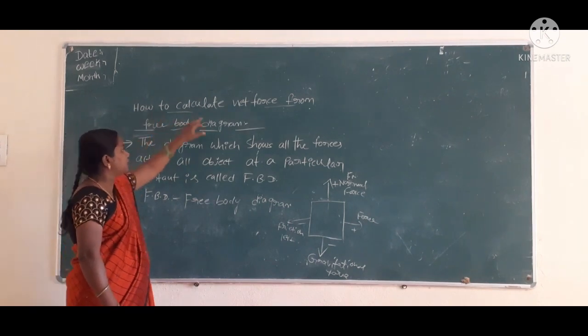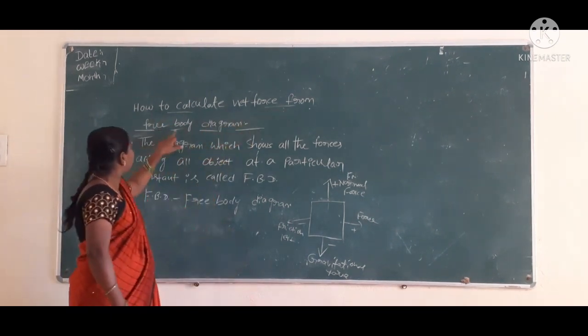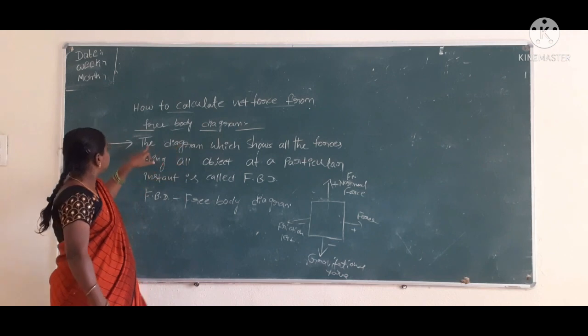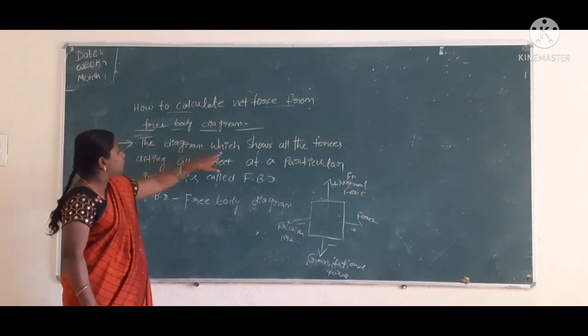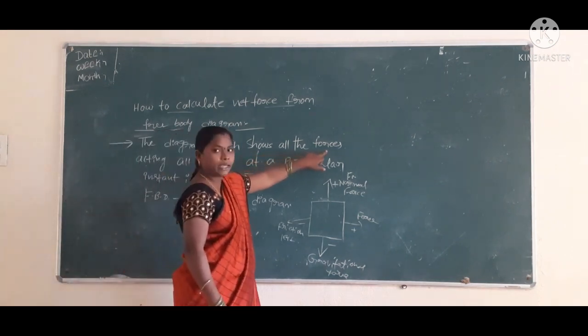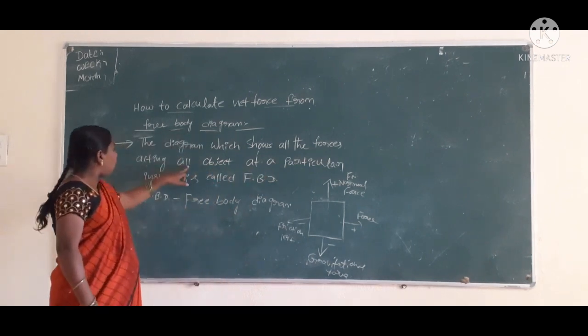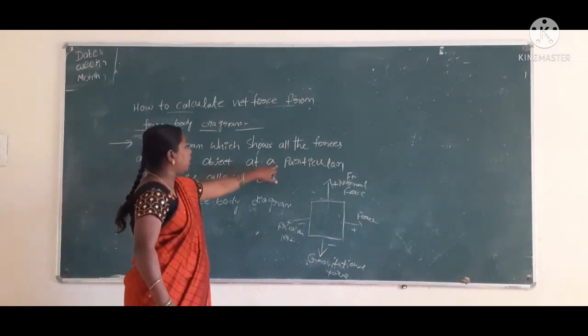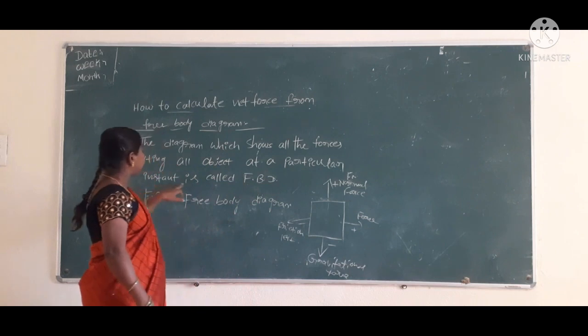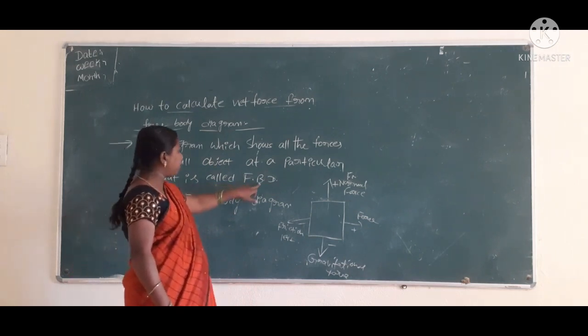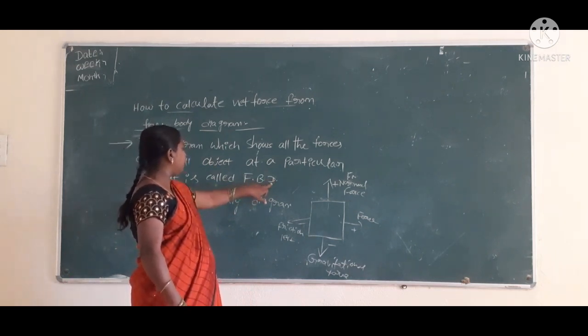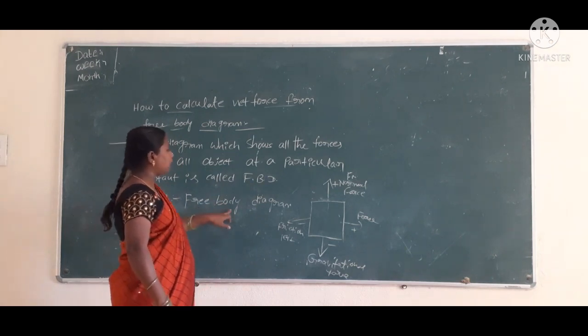How to calculate net force from a free body diagram? Definition: the diagram which shows all the forces acting on an object at a particular instant is called an FBD. FBD means free body diagram.